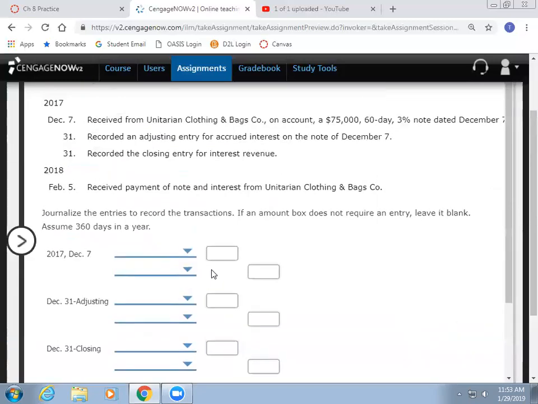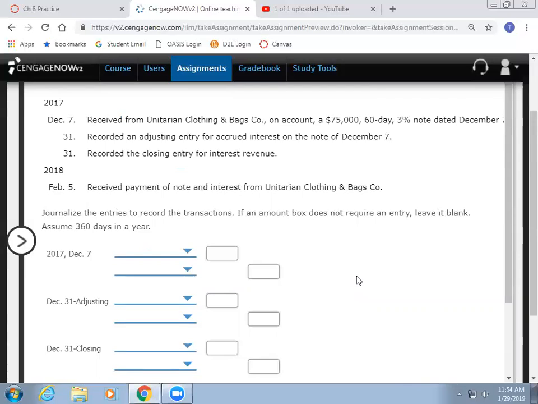It's another note. We're just looking at accrued interest. So on this one, in 2017, on December 7th, we received from Unitarian Clothing on account a $75,000, 60-day, 3% note dated December 7th.